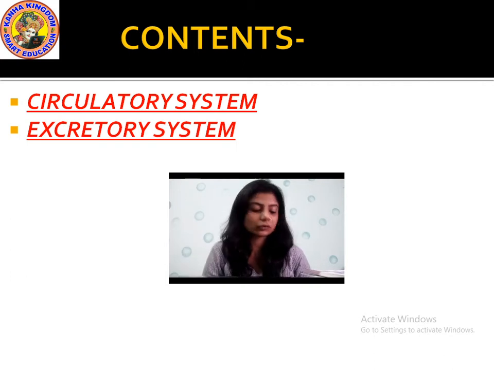That is why, in order to perform all the functions properly, our body is divided into different organ systems. Today we will study the circulatory system and the excretory system of the body. What do you mean by circulatory system and what do you mean by excretory system?